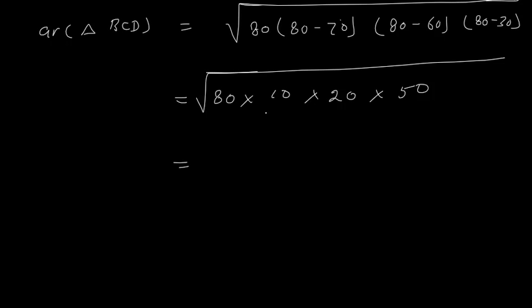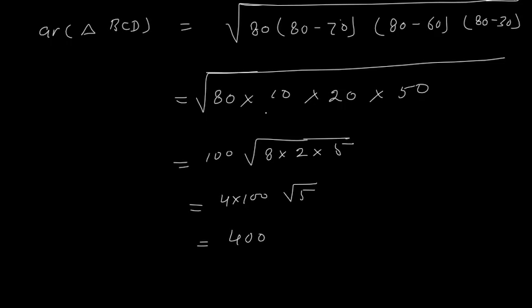So those 10, 10, 10 I will take out. So 1000 will be out. Inside I have 8 into 2 into 5, which is 80. So 16 is 4 into 4, so that 4 will also come out, and inside I have root 5. So this is 400 root 5 centimeter square.